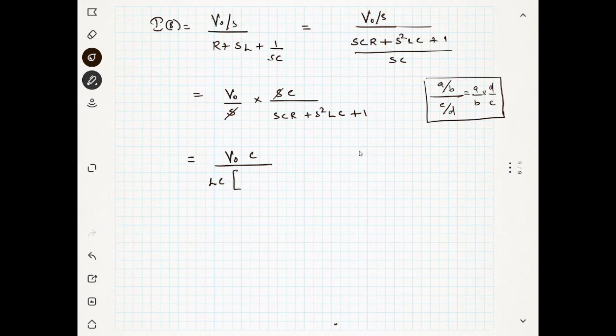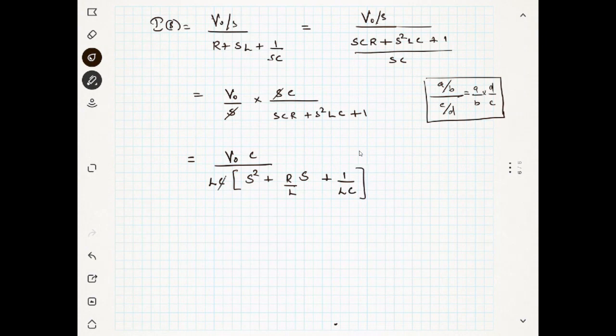I take LC outside, and I will write S square plus, if I take LC from the second term, C cancels and it becomes R over L, plus 1 over LC.